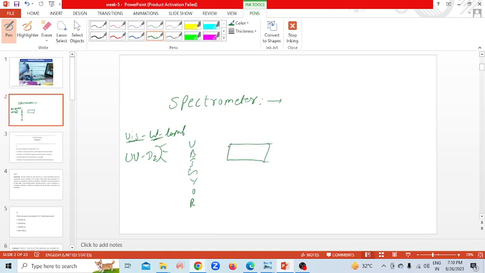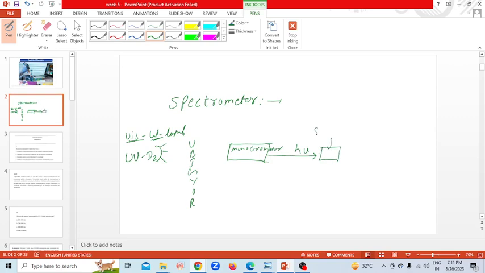So here we will use a monochromator, which will screen the light. The monochromator is also called a wavelength selector. From the monochromator, the required electromagnetic rays will pass, and then it will reach the sample.